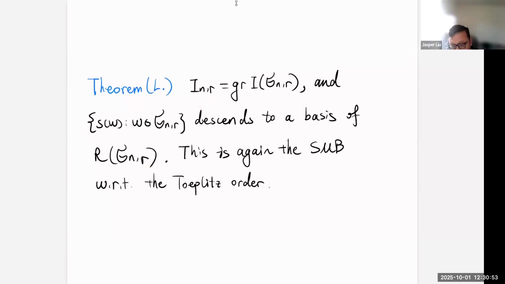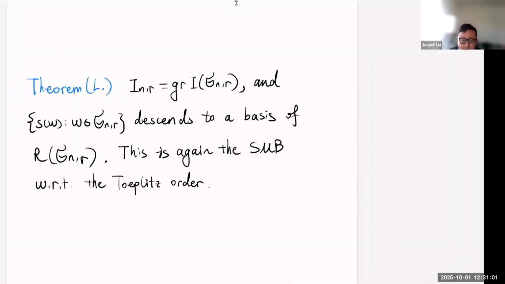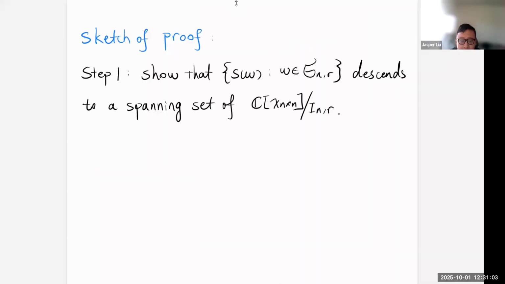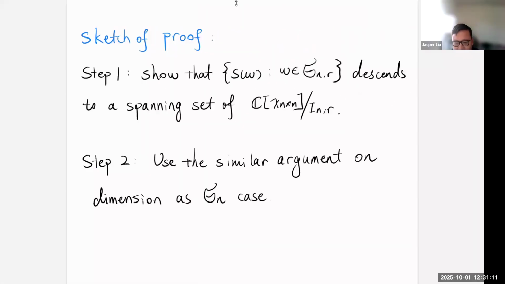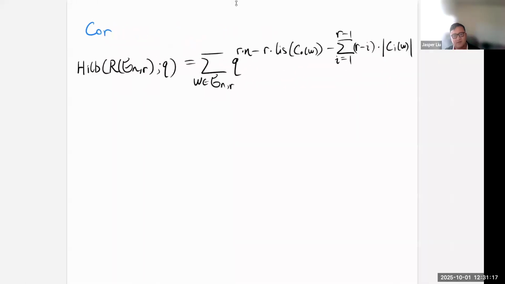And again, it's a standard monomial basis with respect to the same term order. Right. The sketch is just to first show that these generalized shadow monomials span, and then we can use a similar argument on dimensions. I'll not go over this proof in detail.